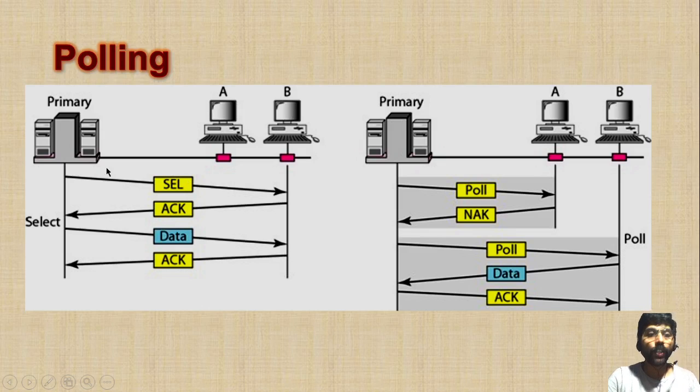In a select function, if the primary station wants to send some data, it uses a function called the select function. Here, if the primary station is not sending or receiving any data, that means the medium is idle, because the transmitting and receiving is done only by the primary, that is, full control of the link or channel is controlled by the primary station.